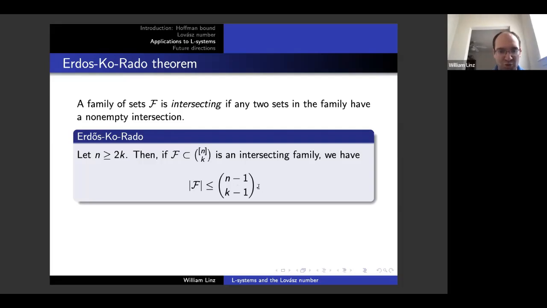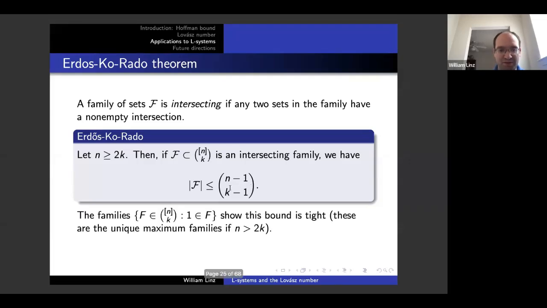This upper bound is also tight, because you could just take the family of all k element subsets which contain the number 1, for example, and that has n-1 choose k-1 sets in it. There's also a uniqueness statement of the Erdős-Ko-Rado theorem, that these are the unique families if n is strictly bigger than 2k.